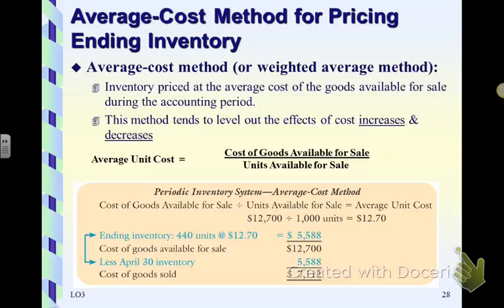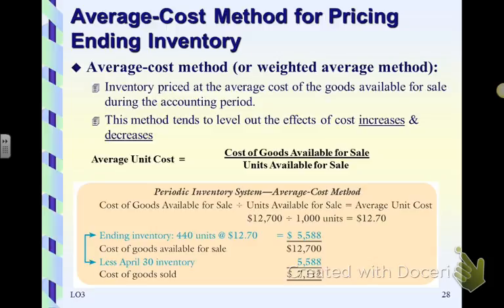Our formula is always COGAS, cost of goods available for sale, minus our ending inventory gives us our cost of goods sold. That's always our formula. If I have 1,000 units and I had 440, how many did I sell? 560.